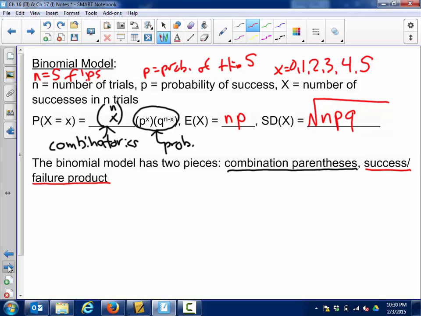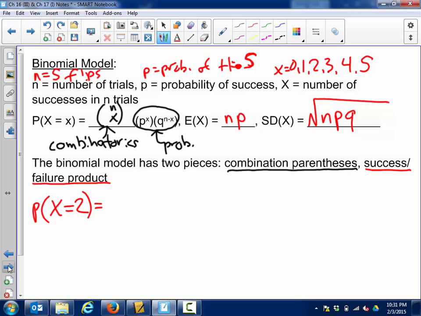Let's use everything that we wrote in red up above. For 5 flips of a coin, the probability of success of a head is 0.5, and the values we could take on would be 0 through 5. Let's talk about when the probability that the number of successes is equal to 2.